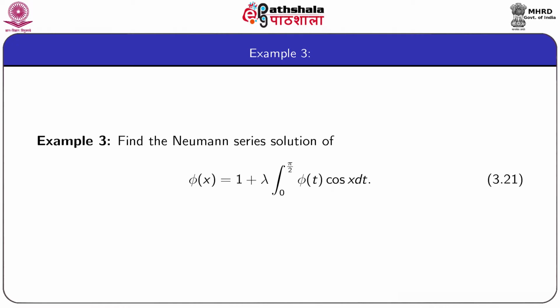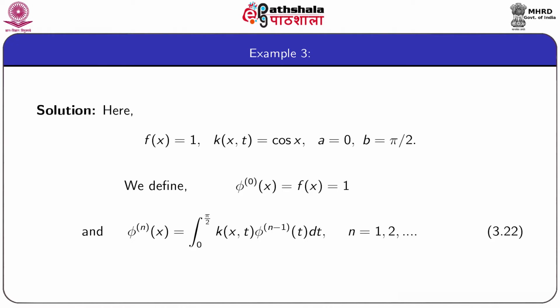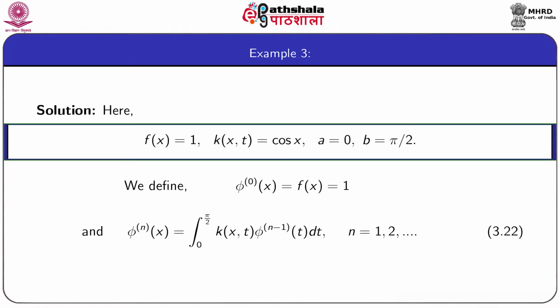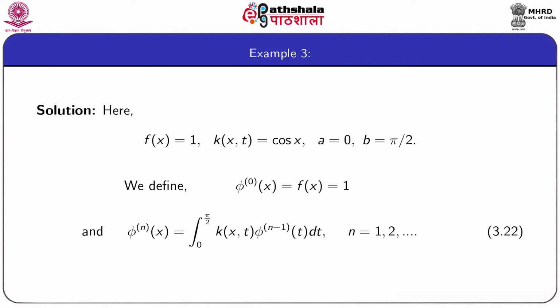Here, if you compare this equation 3.21 with the Fredholm integral equation, then we find that the forcing function f x is equal to 1, the kernel k x t is equal to cos x, the lower limit of integration a is equal to 0, and the upper limit of integration b is equal to pi by 2.